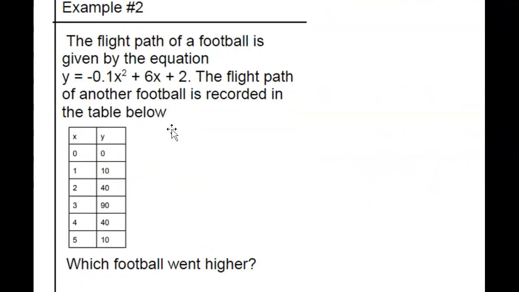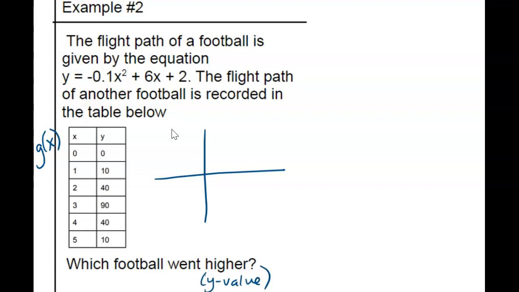So example 2, we've got the path of a football given by this equation and then a table. So I'm just going to go ahead and plot this table, which I'll let the table be G again. It says which football went higher. So we want to know the y value, okay? Because y is the height.